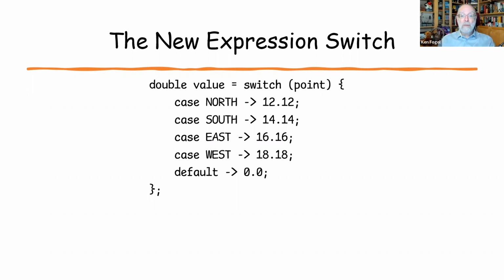For the first time, switch returns a result. There's no need to do assignments in the case. We simply say whichever case is true, that's the value the switch will return. There's no break. If a case goes true, that's it. We're returning the answer.